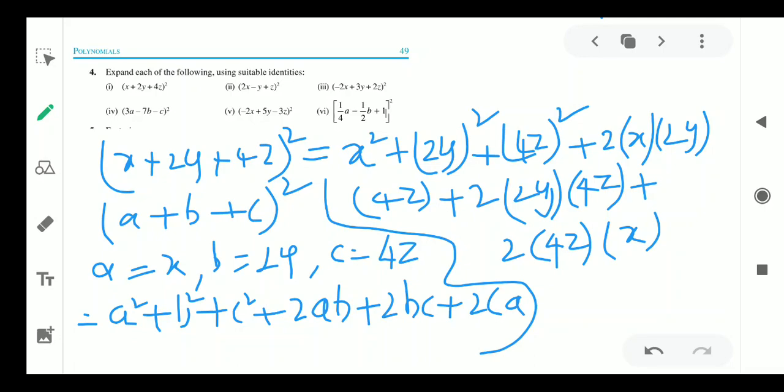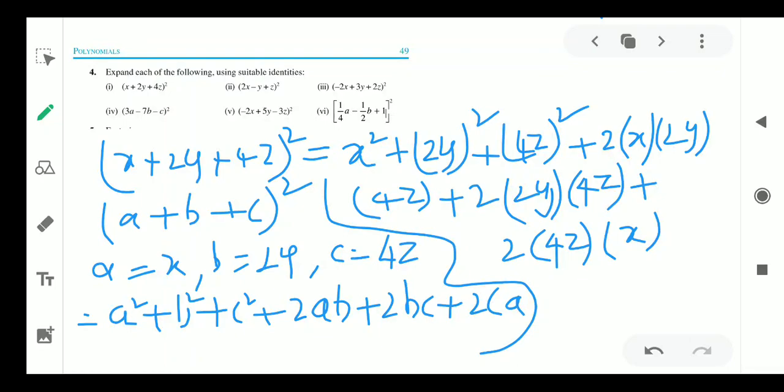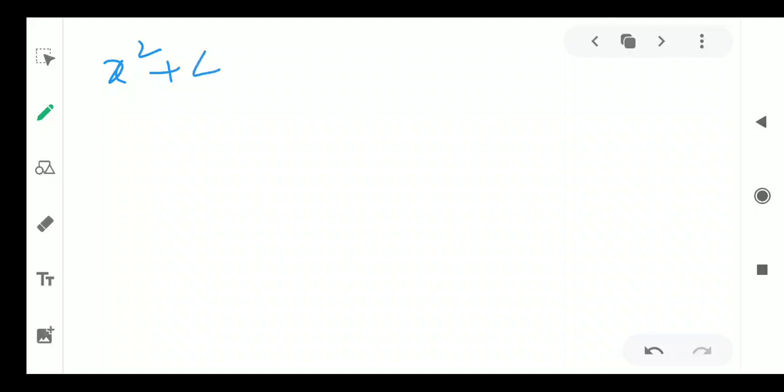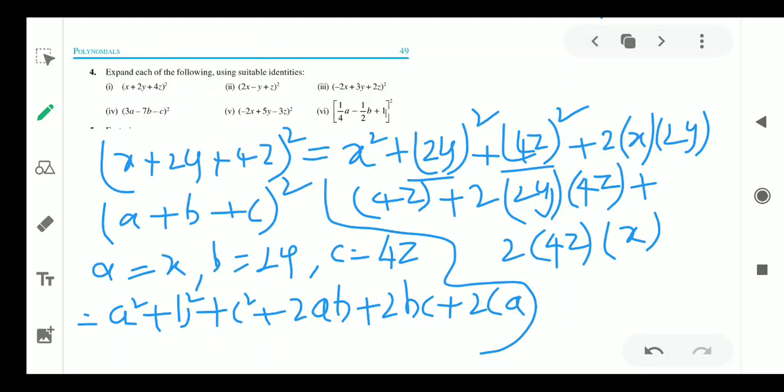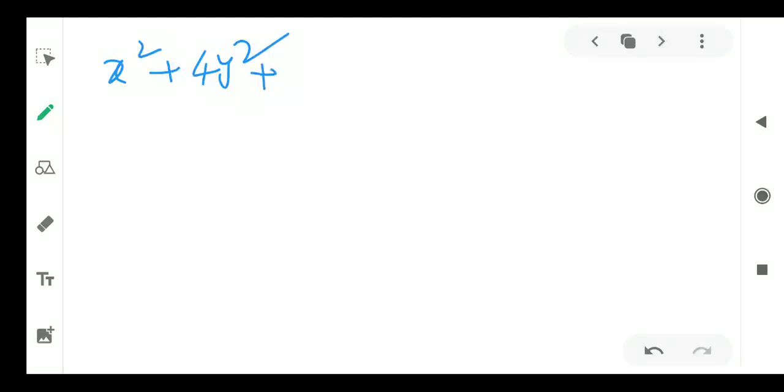So now apply substitution of a, b, c values. Here x² means x² plus, see that (2y)² means 4y². And (4z)² means 4 square 16, it is 16z².